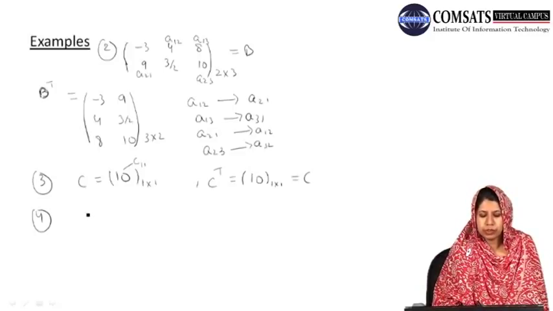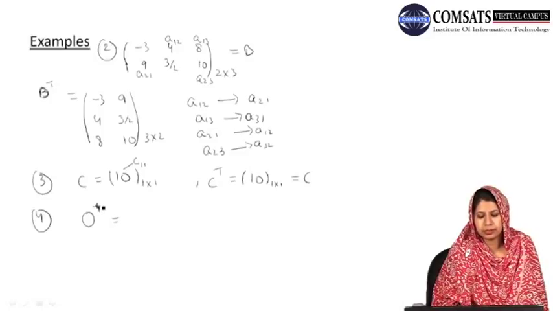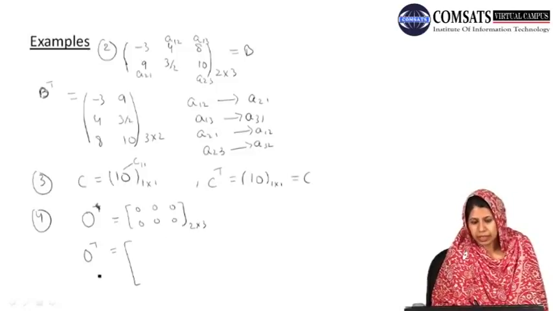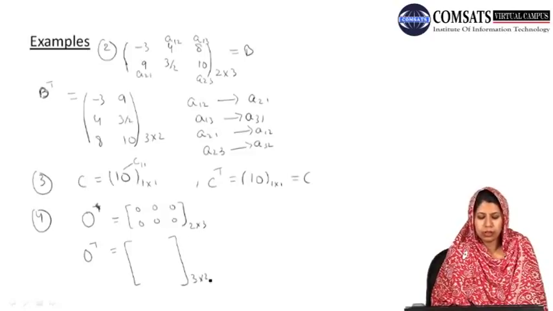Okay, one more example. What is the transpose of the matrix O, which is the 0 matrix? Let's say we have our matrix O as 0, 0, 0 and 0, 0, 0, that is a 0 matrix with order 2 rows and 3 columns. Then the transpose of this matrix will be a 0 matrix again, but with a different order, that is, the order 3 rows and 2 columns.